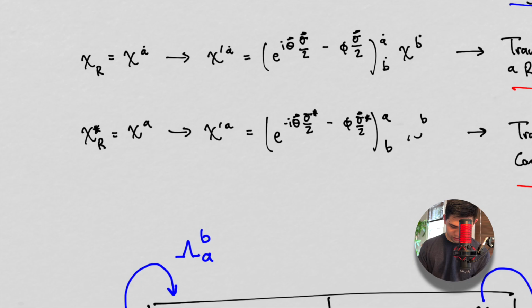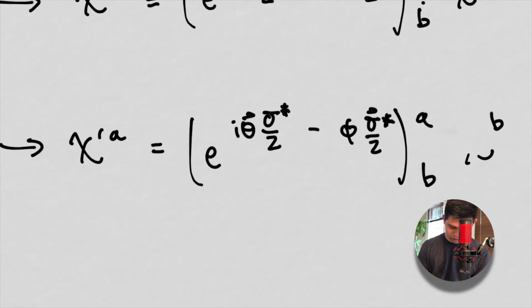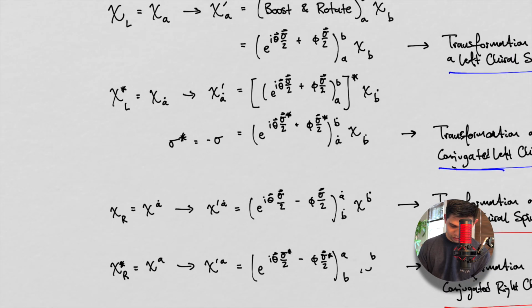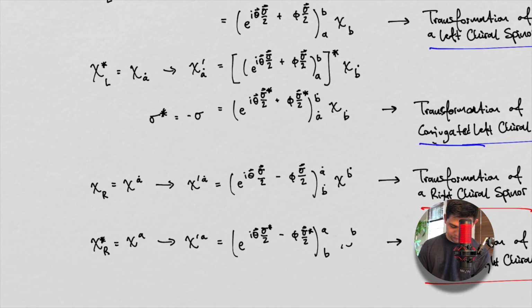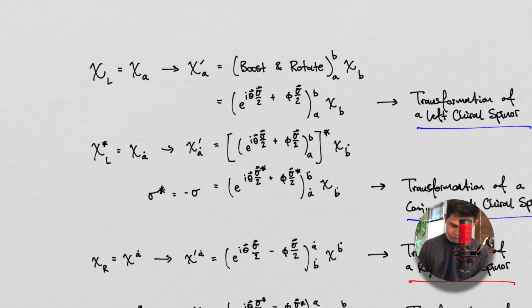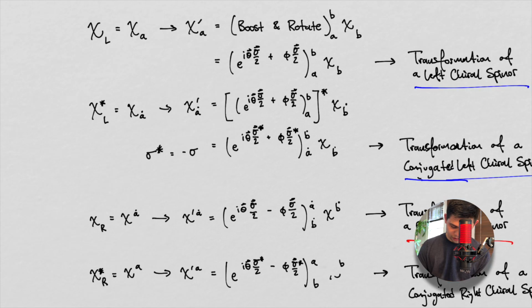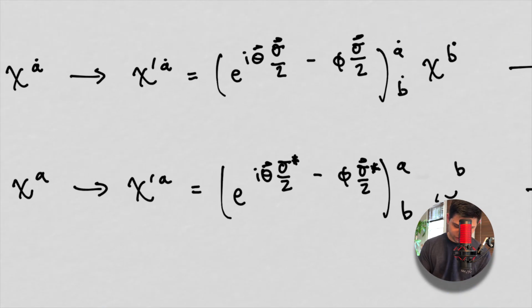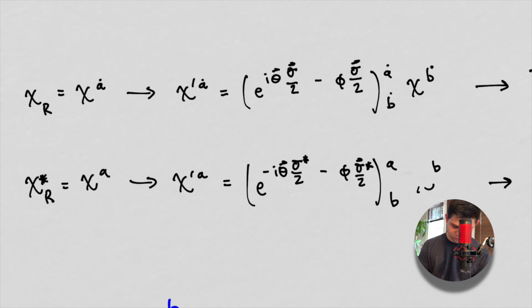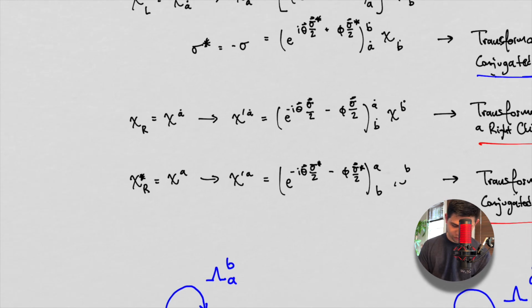So I think everything should be good. I think this minus sign should be fine. I think all is good now. Actually, no, that should be a minus sign, right? Because this should be a minus sign also, right?